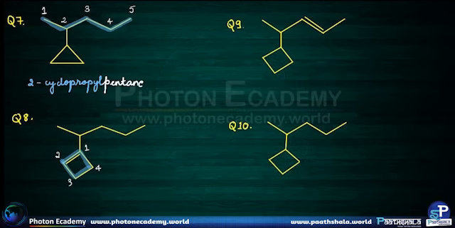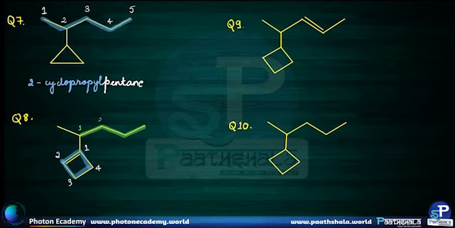For naming the prefix, let's see the substituent properly. The main chain for the substituent is this because it's a complex substituent, and numbering of the chain will be 1, 2, 3, 4. It's a butyl substituent having methyl as another substituent at the first carbon.